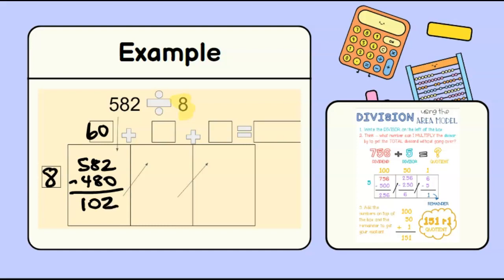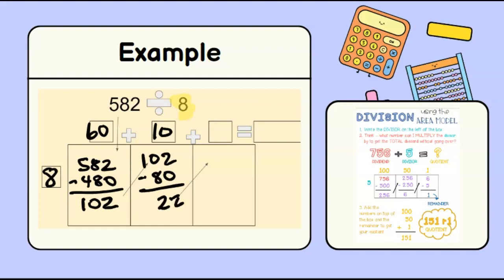All right, so looking at my math facts again, what can I multiply by 8 to get close to 102? Well, I know that 8 times 10 gives me 80, which is pretty close to 102. So I'm going to put my 10 up there, take 102 minus 80, and that's going to leave me with 22.